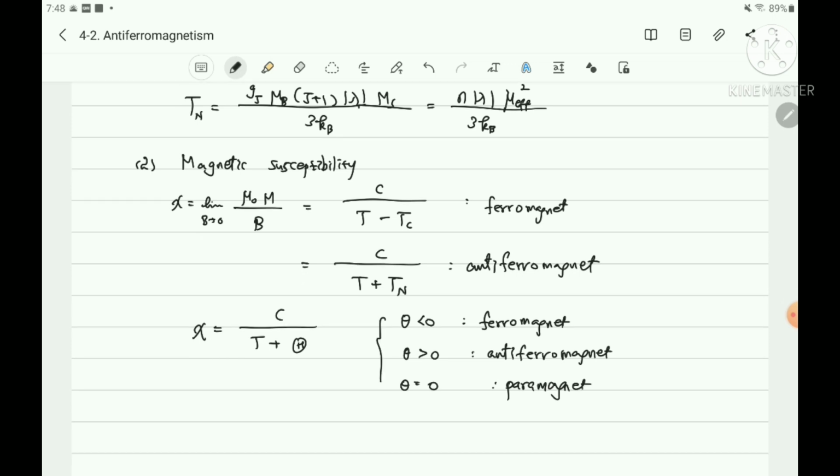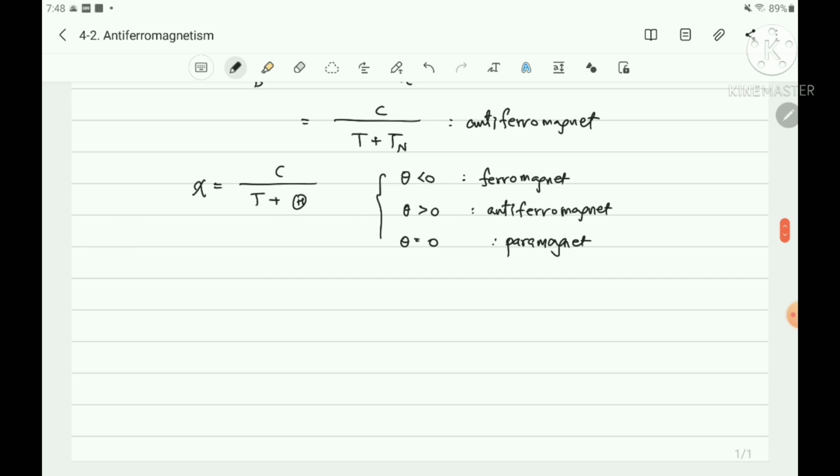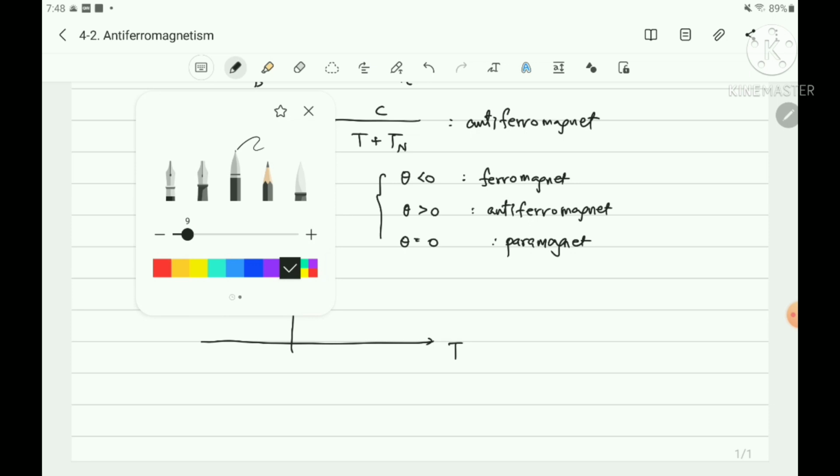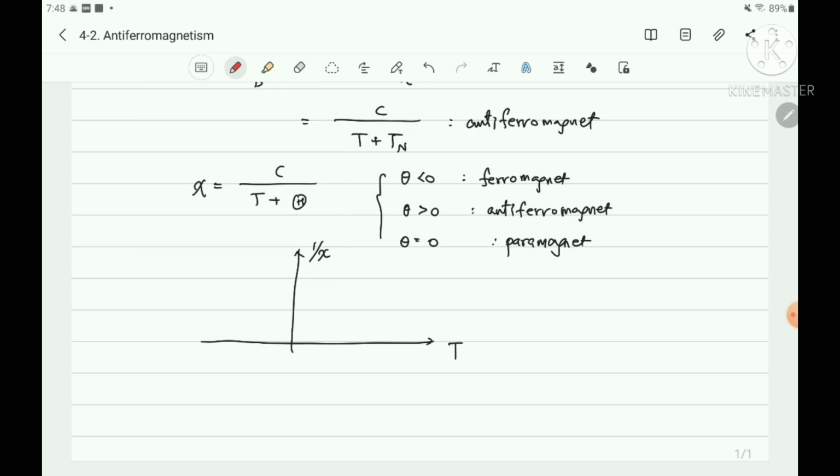Here, when we measure the magnetic susceptibility and draw the picture of 1 over chi versus temperature, then there are three cases. If we follow the Curie-Weiss law, there is a linear behavior. For example, in the paramagnetic case, zeta equals 0, it is a paramagnet.